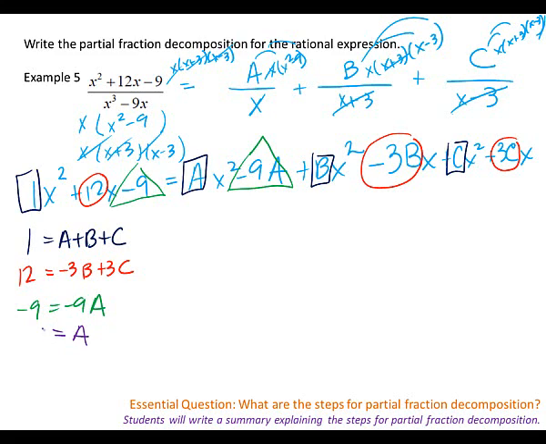Divide, what do we end up with? 1. I'd probably go ahead and sub that into this top equation, right? So we get 1 equals 1 plus b plus c. So what's b plus c equal to? 0, because we got to subtract the 1.